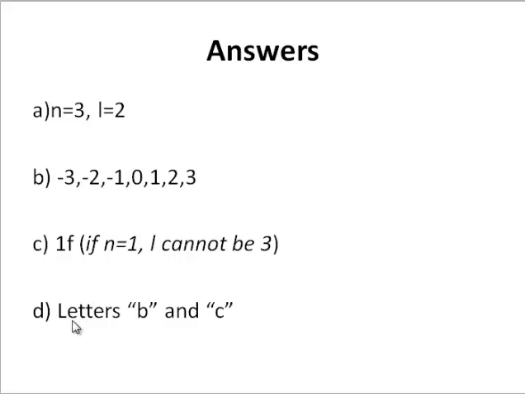And both letters B and C are bad combinations of quantum numbers. One has m sub L as 3 when L equals 0, and that's not possible. And in C, the values of L and n are the same, and that's not possible.